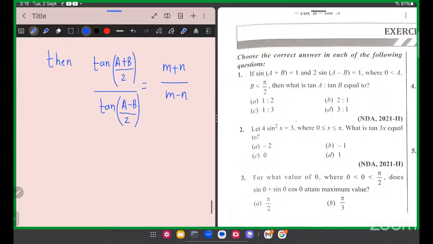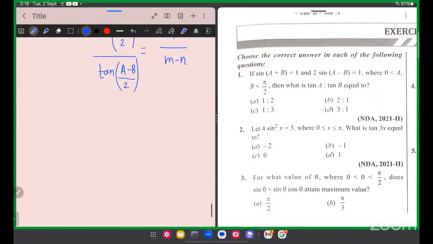So if you see in the first question, if you divide both the equations, sine A plus B is equal to 1, and the other equation is sine A minus B is equal to 1 by 2, right?